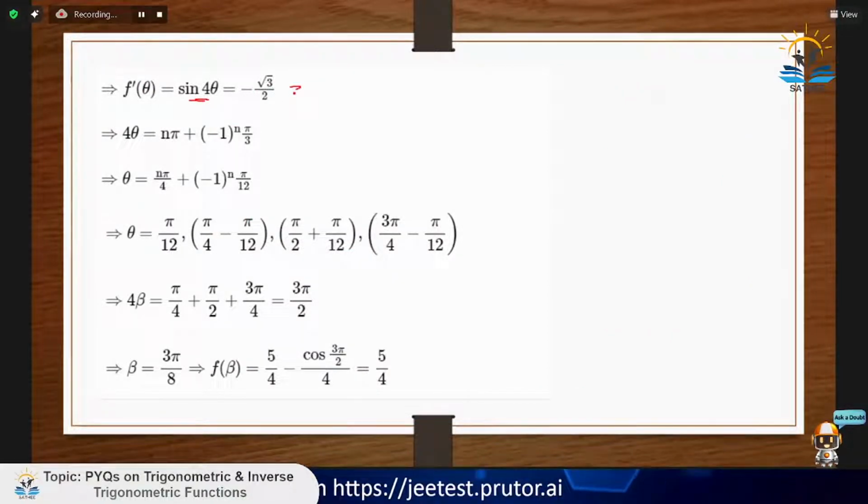And then this is generally a sine equation.